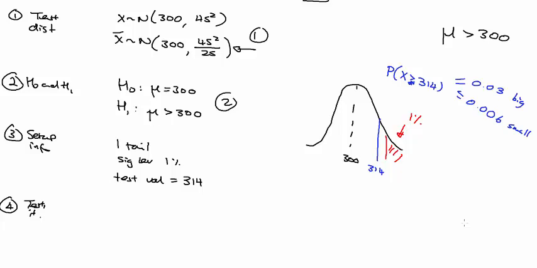So if you get 300 and you find that the probability of it being 314 is 0.03, which is 3%, well, essentially you've figured out that the critical region lies on this side, 1%. So your 314 is not in the critical region. However, on the flip side, if you found out that this is 0.006, which is 0.6%, well, that means that 1% is on this side, so it is in the critical region. Hopefully that makes a bit of sense.